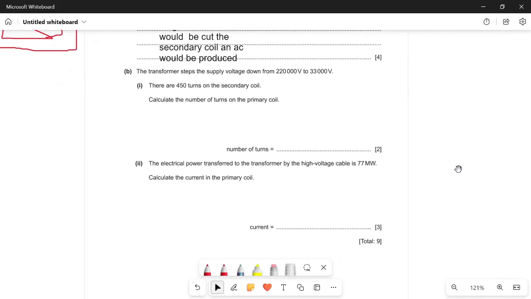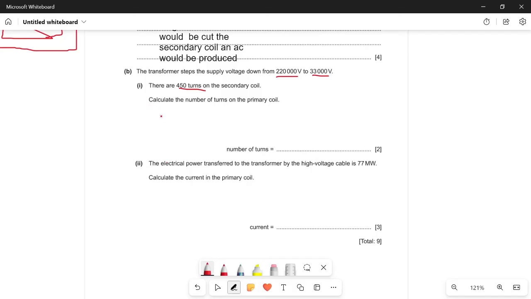Number B. The transformer steps the supply voltage down from 220,000 volts to 33,000 volts. There are 450 turns on the secondary coil. Calculate the number of turns on the primary coil.